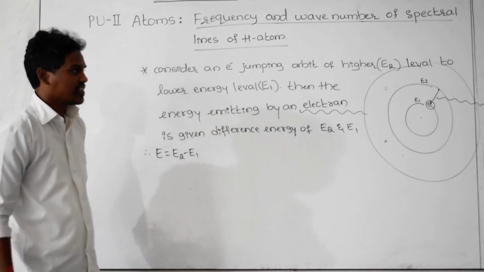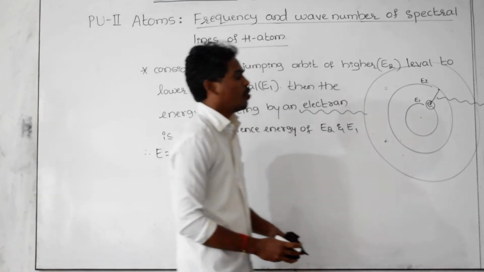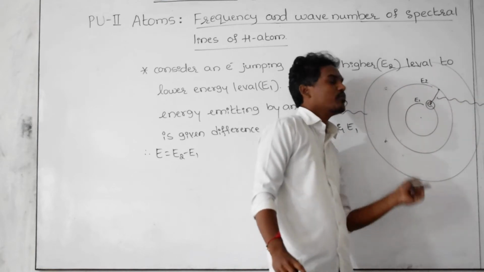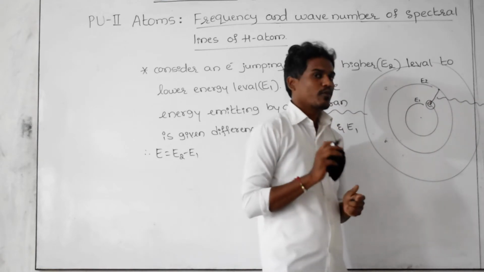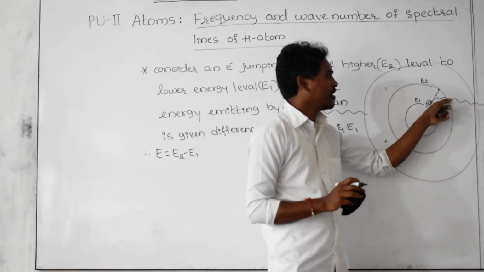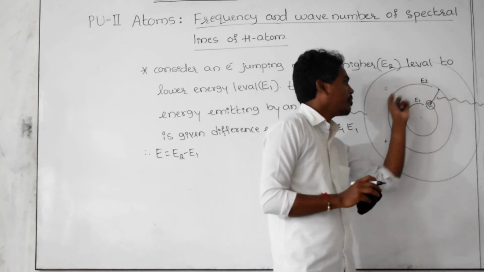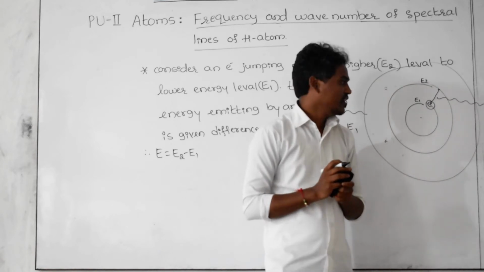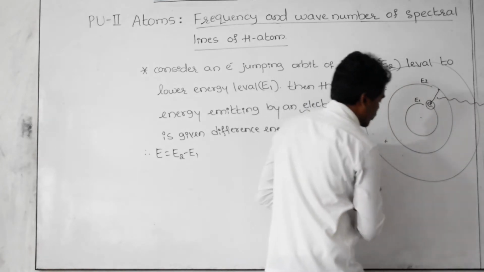And in yesterday's class we derived that whenever the electron is orbiting in the second orbit or third orbit, whatever the number of the orbit, its energy can be calculated by using one formula.